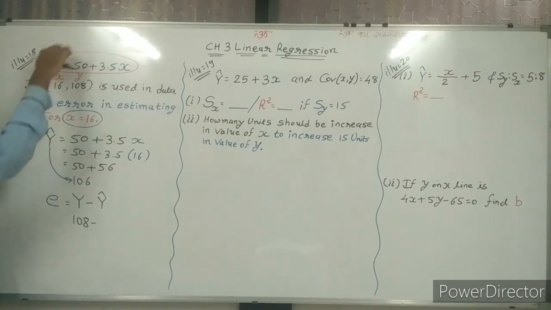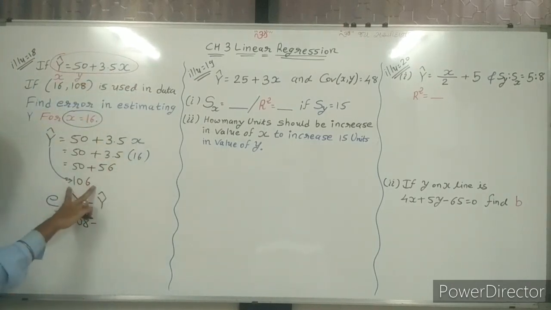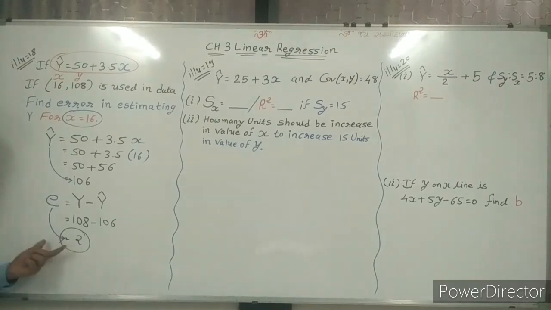Now by replacing the value x is equal to 16 in the function, what have we got? Sir, 106, that is my estimation. So actual value 108, my estimation was 106. The difference of these two is 2 and is called error. So this is my value of error. Error is 2. Sum is completed.